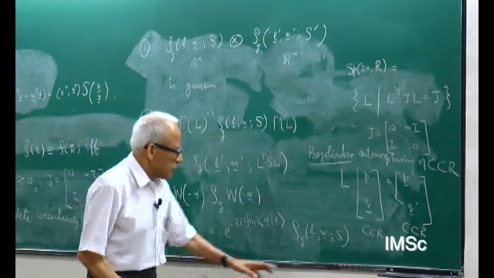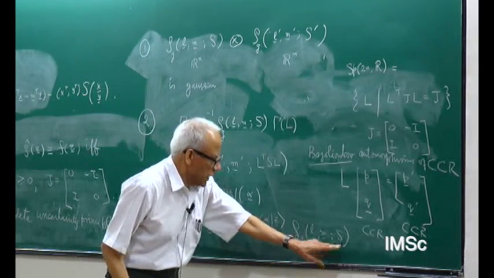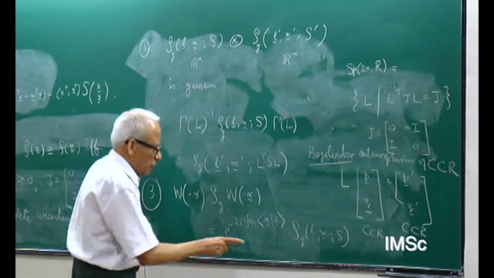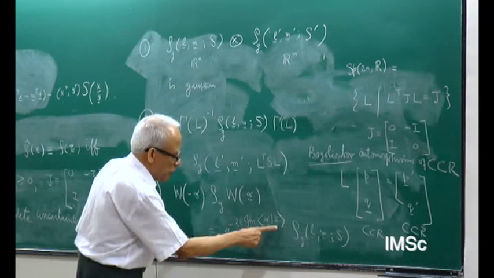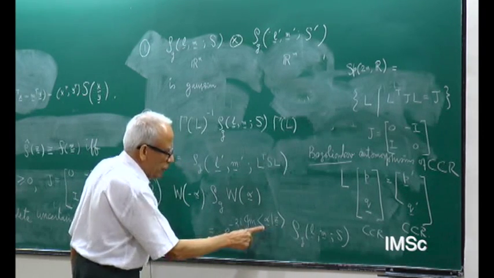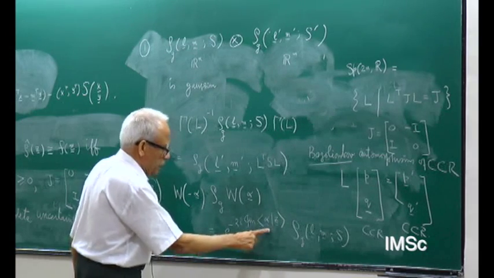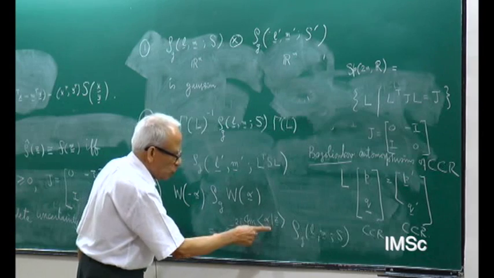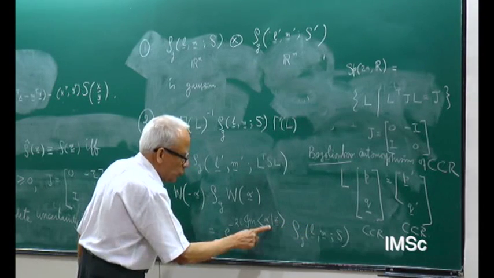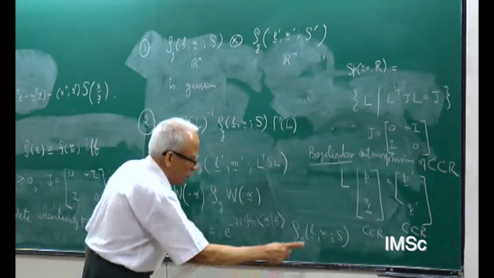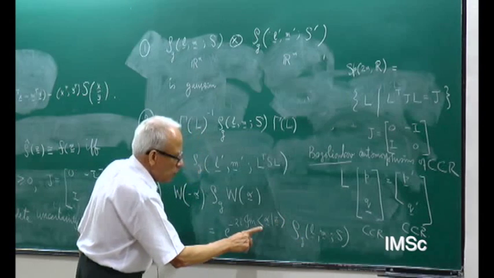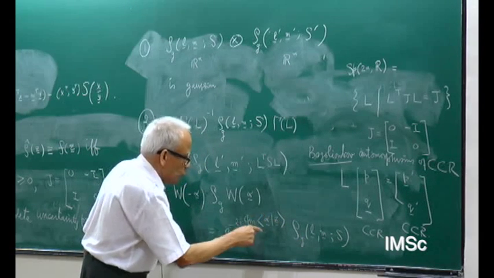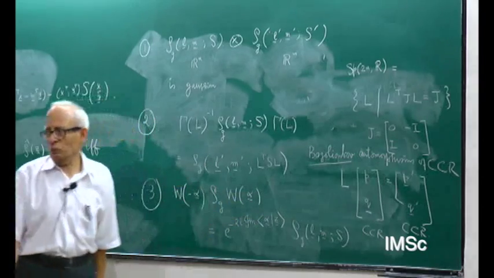And if you look at this, the covariance matrix doesn't change, but the mean values will change because Z is X plus i Y, so L will be changed to root 2 times L plus root 2 times the imaginary part, M will change to M plus root 2 times the real part of alpha.